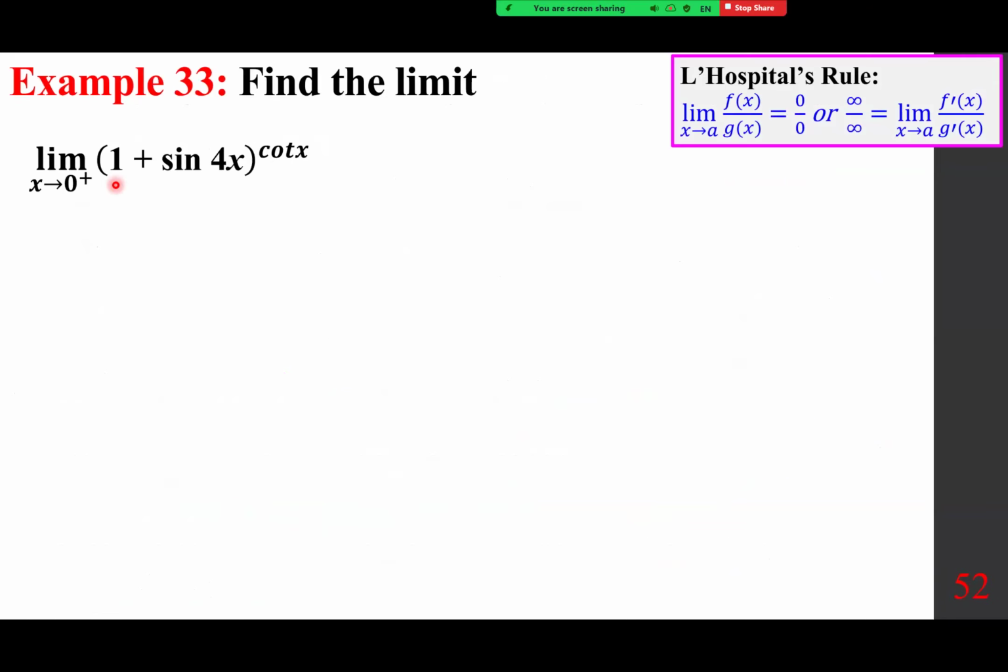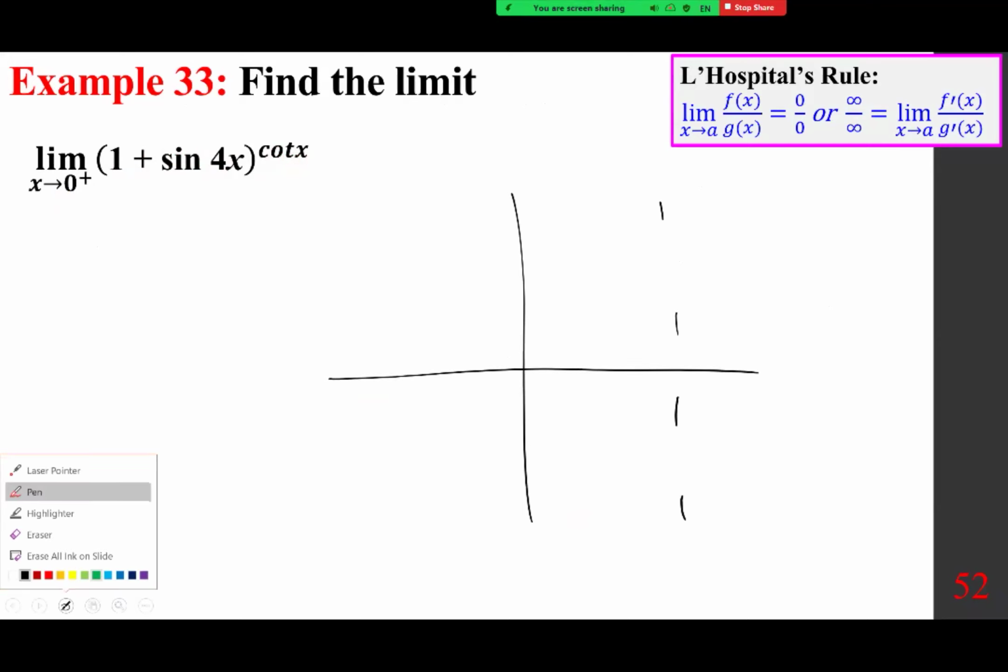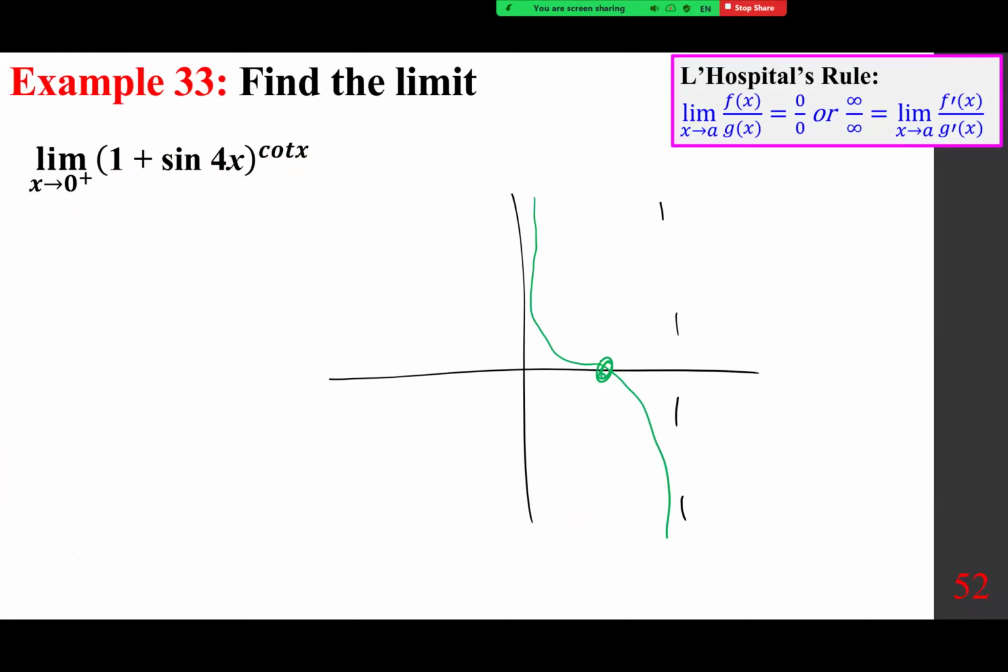The limit of 1 plus sine of 4x to the power of cotangent of x as x approaches 0 from the right. Please understand, if I plug in 0, sine becomes 0, so I have 1. If I plug in 0, remember cotangent of 0. By the way, the graph of cotangent helps.